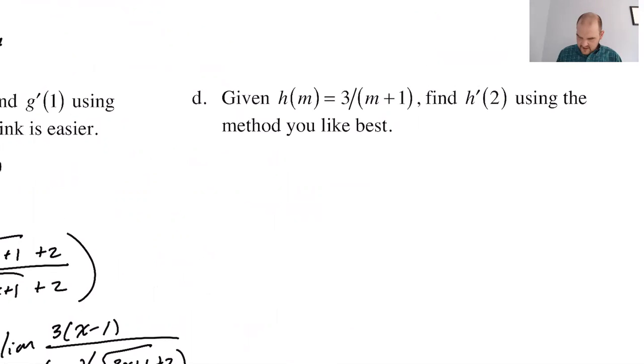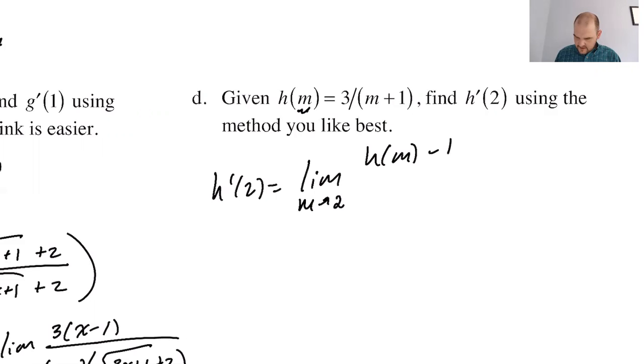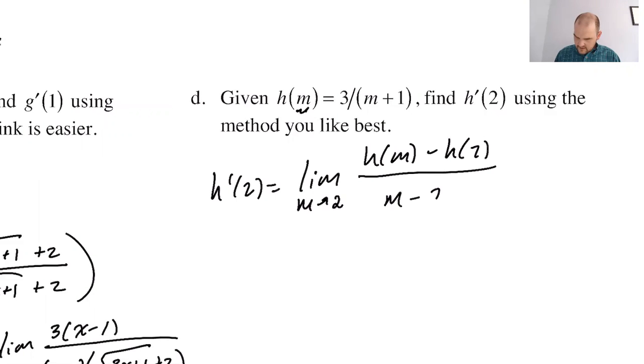Here we have an interesting scenario where m is the variable. That's fine. So I'm going to do h prime of 2, which is going to be the limit as m approaches 2 of h of m minus h of 2 over m minus 2. Okay, let's do it.